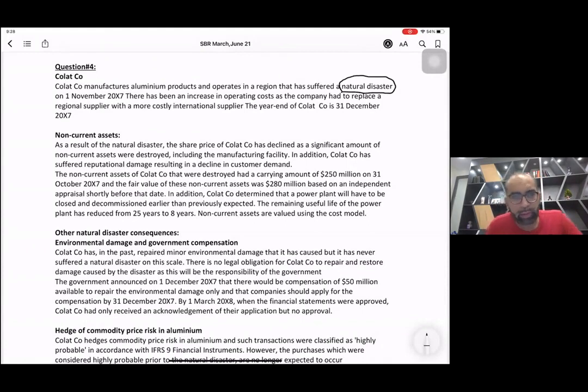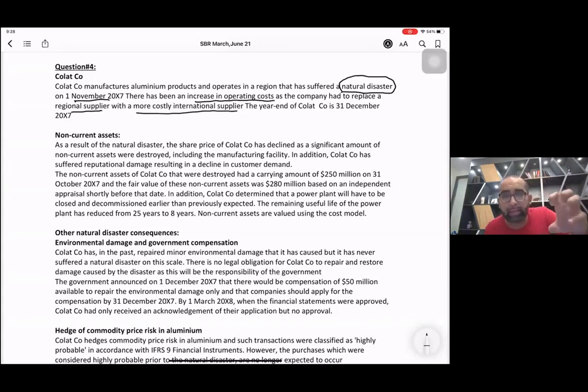In simple words, on 1st November X7, there has been an increase in operating cost as the company had to replace a regional supplier with a more costly international supplier.